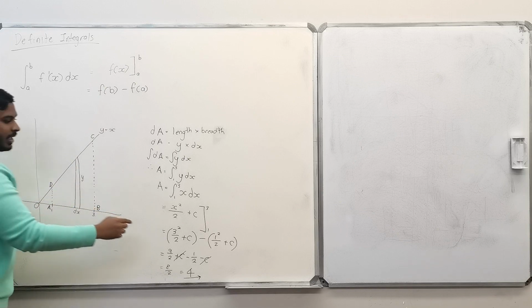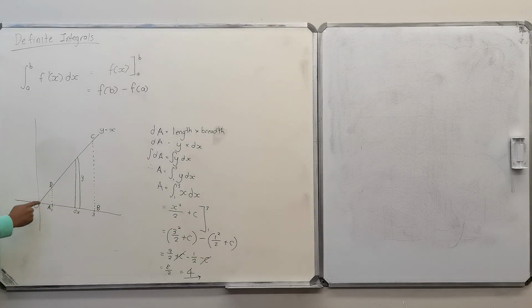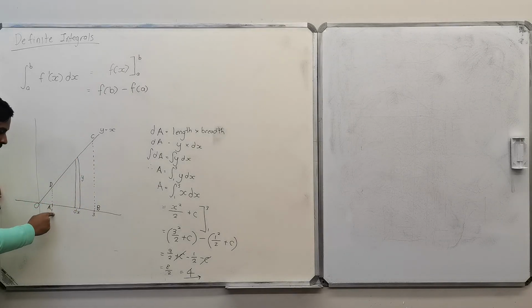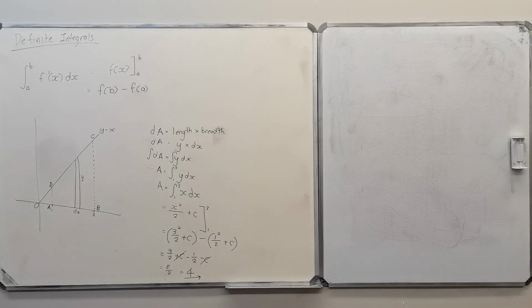Then when you substituted 1, you worked out the small triangle. And what we did was subtract the small triangle from the big triangle, so we were left with this, which is the area between 1 and 3. That's what we did. We worked out the area under the curve.